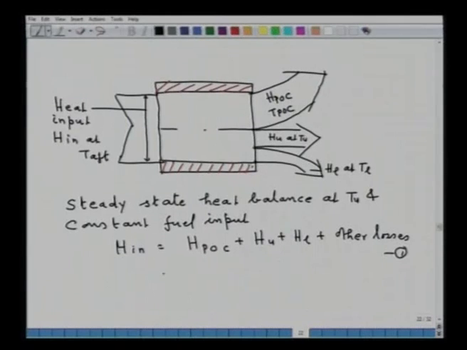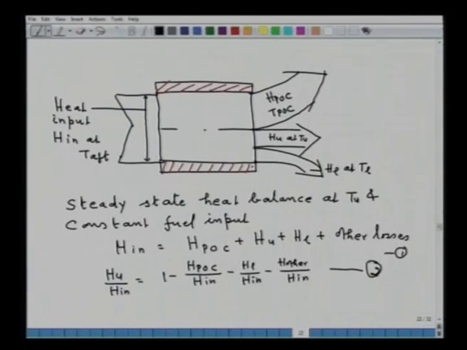We divide the whole equation by H in and rearrange, then we will get HU upon H in equal to 1 minus HPOC upon H in minus HL upon H in minus H other losses upon H in. Let us say this is our equation number 2.